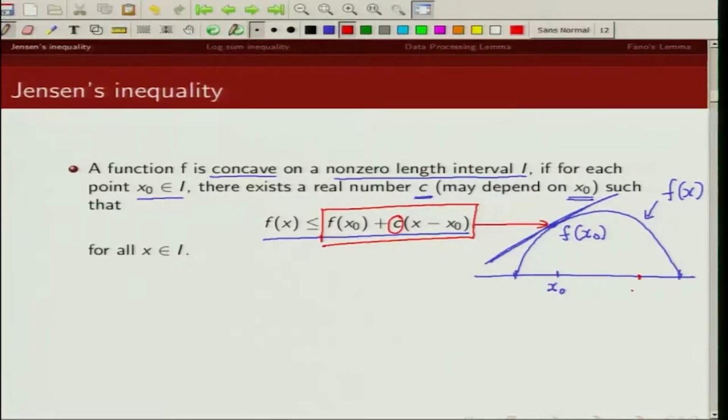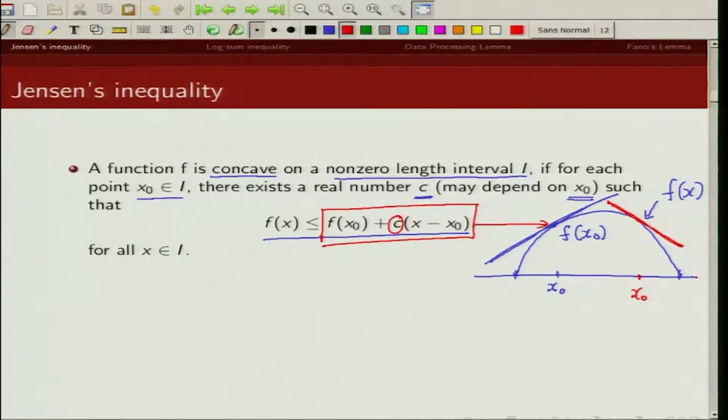For example, if I choose this as my x naught, then the slope is negative. So this is what the line is. So if the function is concave, I can draw a line passing through x naught and this function will lie below that. So that is what I mean by function is concave.